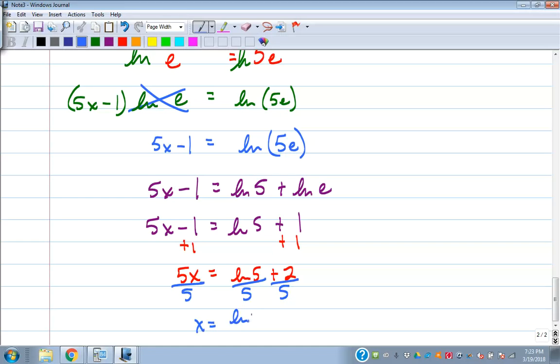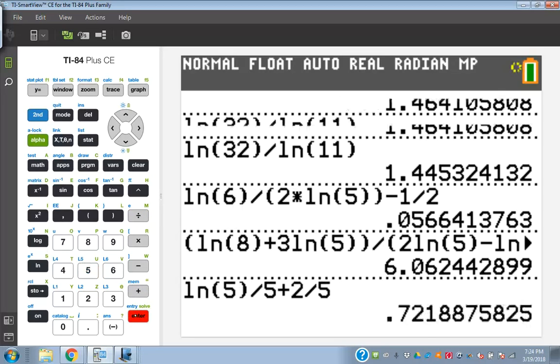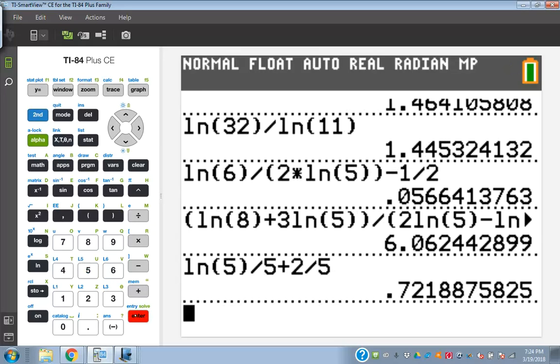So x equals natural log of 5 over 5 plus 2/5. We're going to get the decimal approximation for that. Natural log of 5 divided by 5 plus 2 divided by 5. 0.7219.